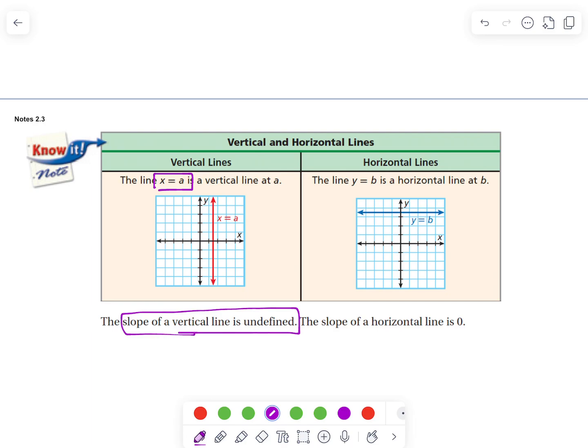So it'll run through vertically like that on the x-axis. Our horizontal line will be y equals b. It'll have a slope of 0, and it'll run through the y-axis.